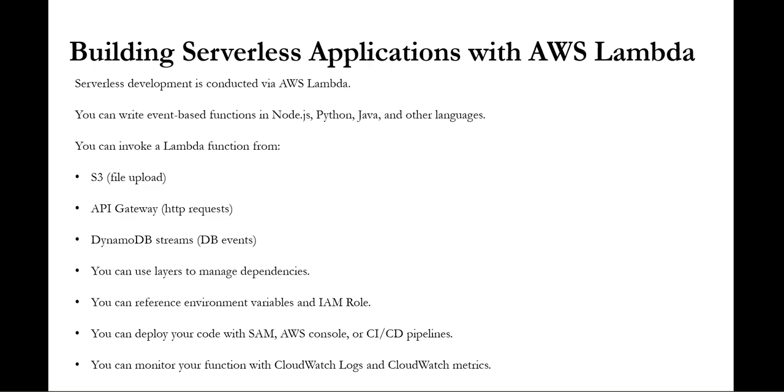First one is S3, which is for uploading files, API Gateway for HTTP requests, and DynamoDB Streams for database events. You can use layers to manage dependencies, and you can reference environment variables and an IAM role. You can deploy your code with SAM, the AWS console, or CI/CD pipelines. You can monitor your functions with CloudWatch logs or CloudWatch metrics.